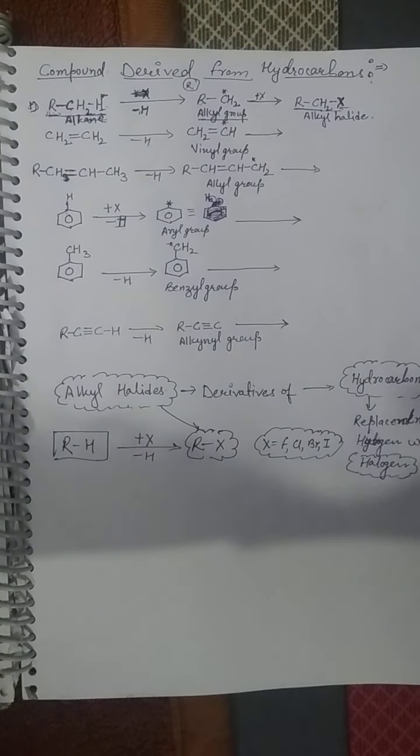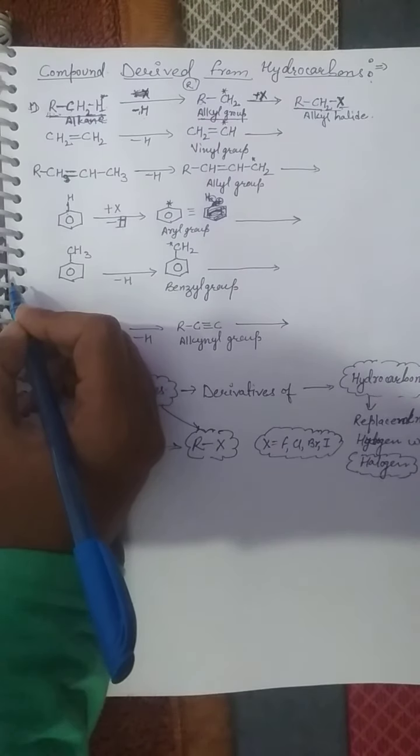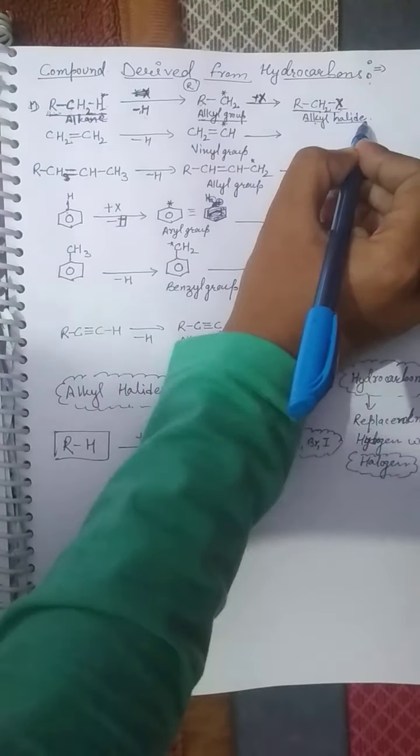If we replace this hydrogen with a halogen, it leads to the formation of the alkyl halide, and this alkyl halide is the main topic for your chapter number 10. These alkyl halides are considered derivatives of the hydrocarbons.